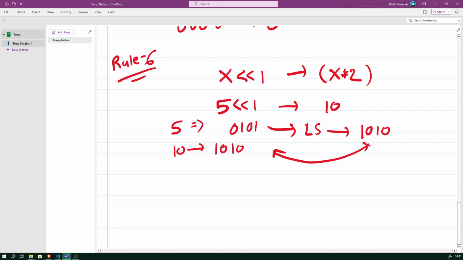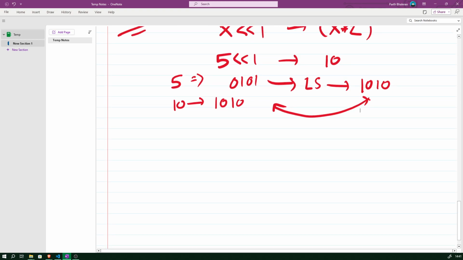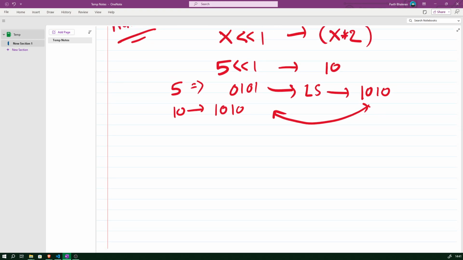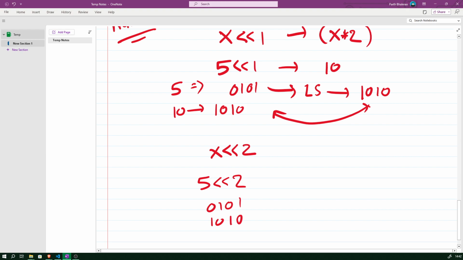But now the question arises: what is x left shift 2? So let's try 5 left shift 2. So 5 is 0 1 0 1. One left shift would do 1 0 1 0. Another left shift would do 1 0 1 0 0.